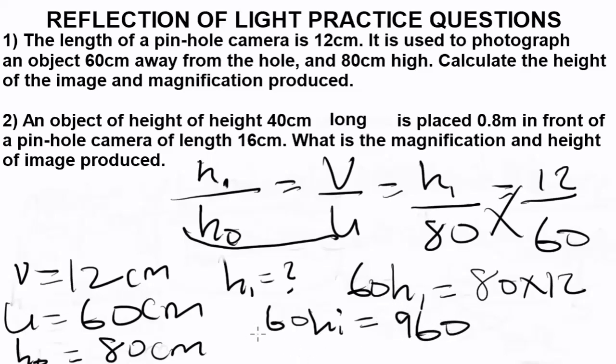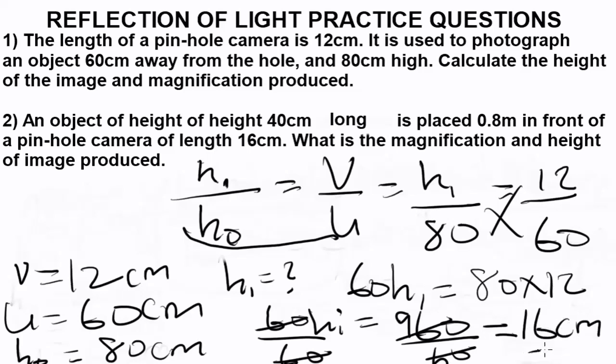Divide both sides by 60, so this cancels this. Therefore our HI will be 960 divided by 60, which gives us 16 cm. And this will be the image height. So that's it for question 1.